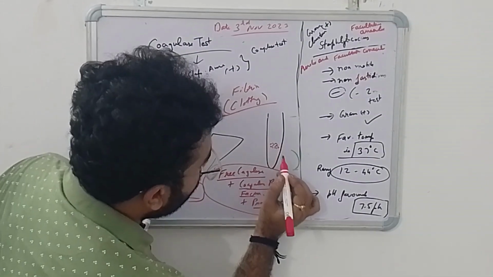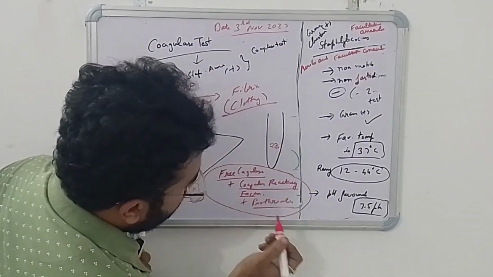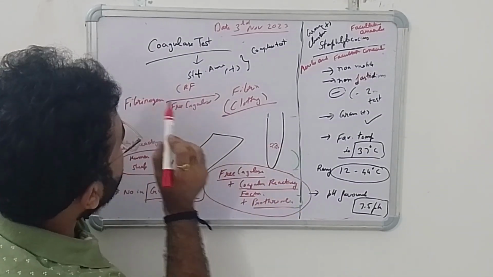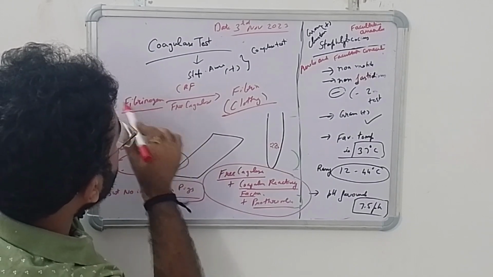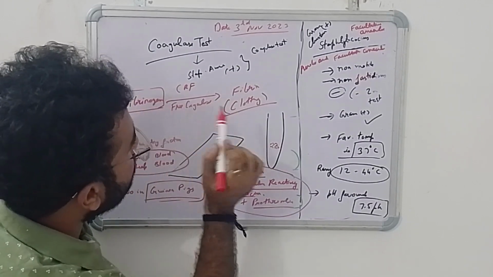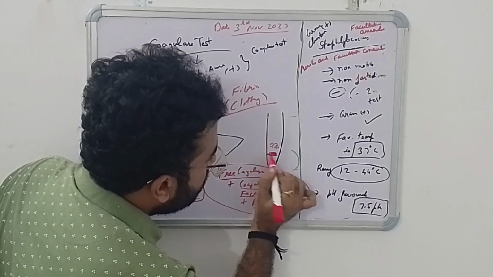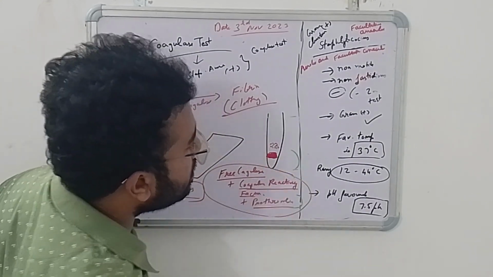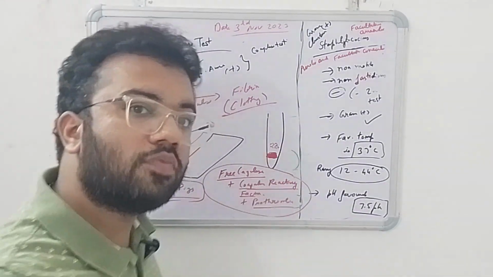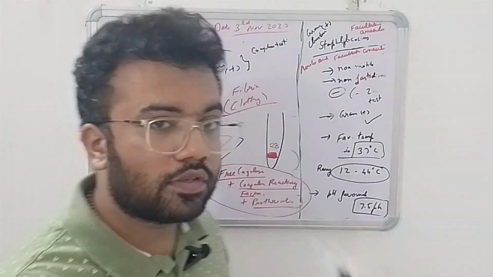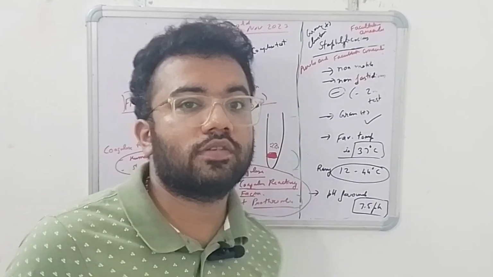So there is a free coagulase, it binds with the coagulase reacting factor plus prothrombin. After that it will cause the conversion of fibrinogen, the factor one, into fibrin with the help of all three. So you will see this clotting in the test tube. This is a positive coagulase test, and a positive coagulase test means it is S. aureus.